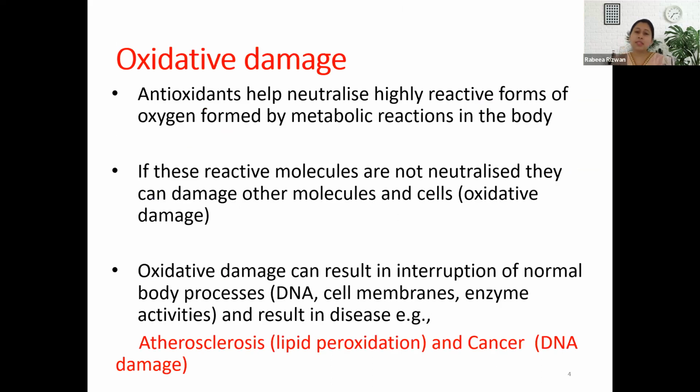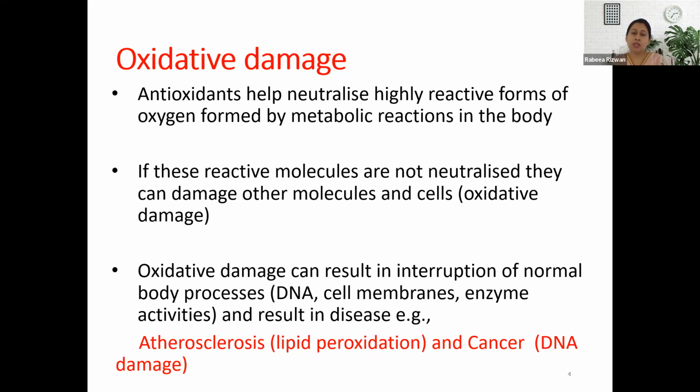Now next comes oxidative damage. How we define oxidative damage is that it is the damage, the reaction to the normal cells, caused by the free radicals. And here the antioxidants can play a role, as they have the property to neutralize these highly reactive oxygen species to stop this oxidative damage.